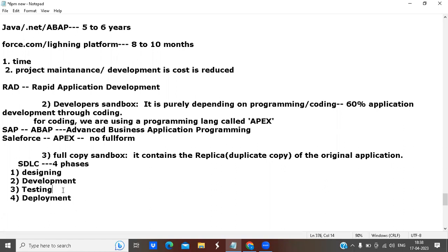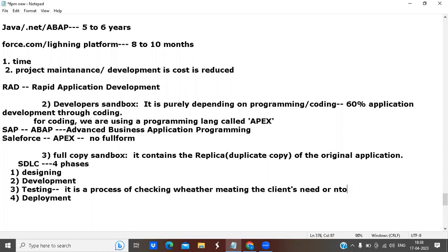After development we go for testing. What is the meaning of testing? It is a process to check whether the requirement is fulfilled or not, whether the application is meeting the client's need. That is called testing.